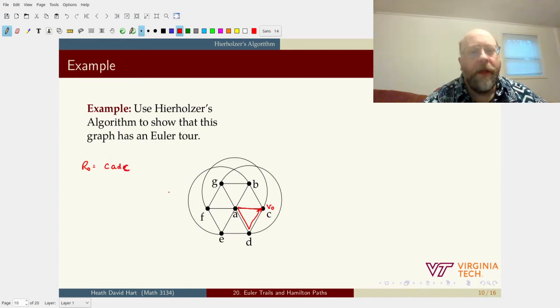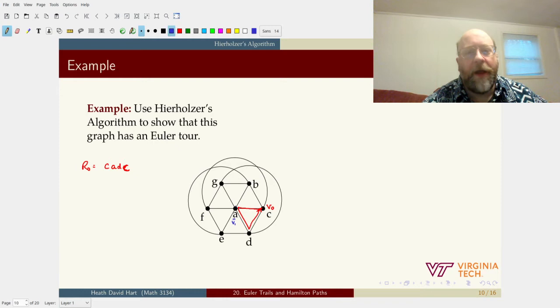Okay. So now I have to pick a vertex that shares some old edges and some new edges. So that could be any of the other vertices. So let's let A be V1.